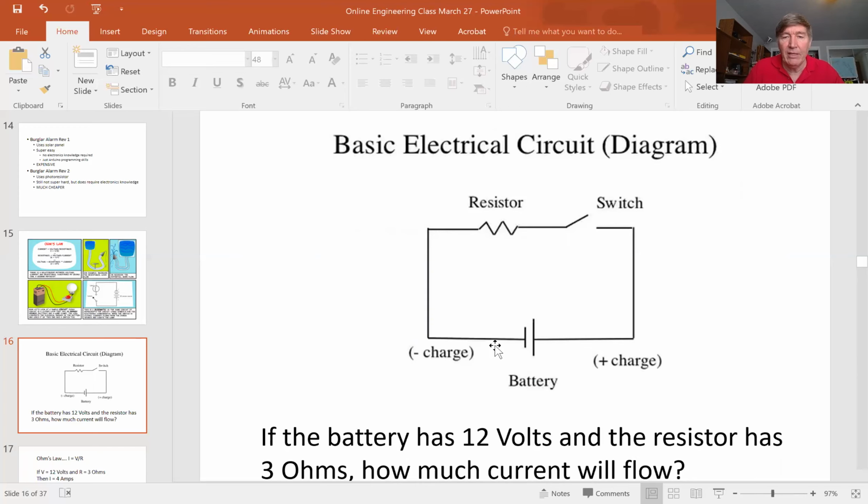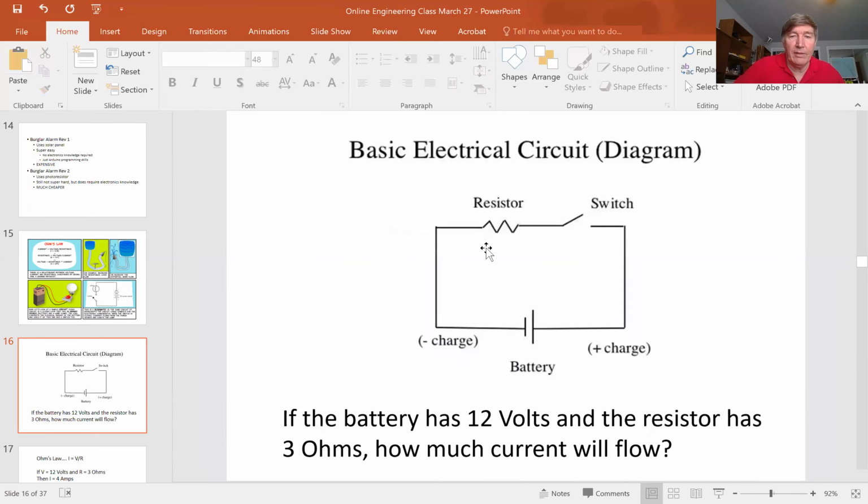Up here we have a switch, and then over here is a resistor. The symbol that you see here is a generic symbol for a resistor. That could be anything that uses electricity. It could be a light bulb, a motor, your smartphone charging, absolutely anything that uses up electricity.